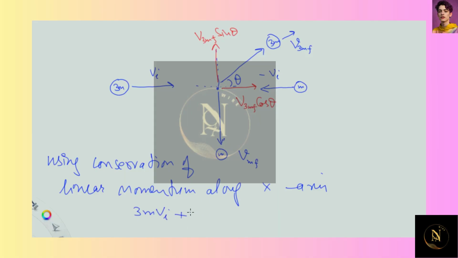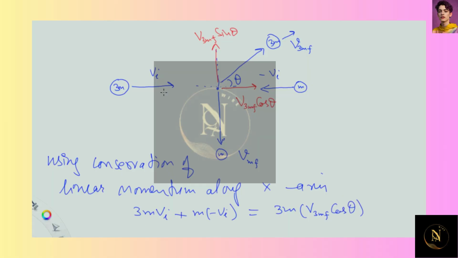plus the momentum of this particle of mass m, m into minus vi, is equal to the final momentum. Finally, as the particle of mass m is moving purely along y-axis only, it will not have any linear momentum along x-axis. So linear momentum along x-axis is only that of the particle of mass 3m, given as 3m into v3mf cos theta.